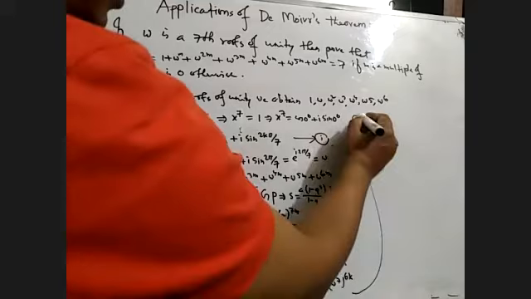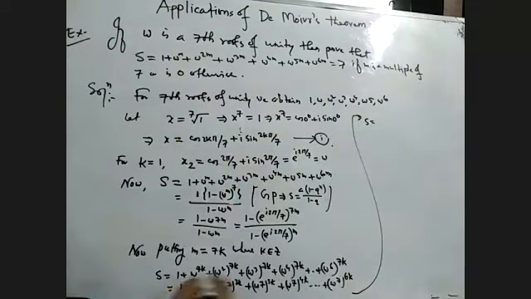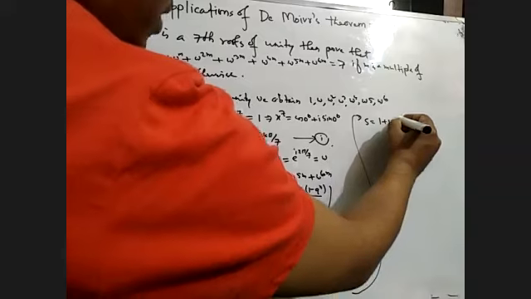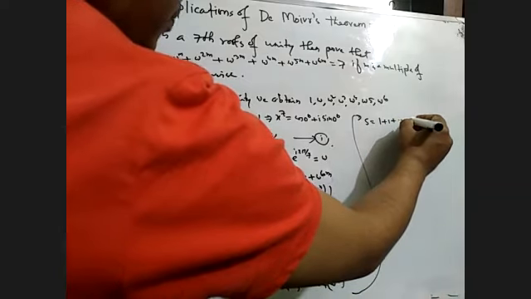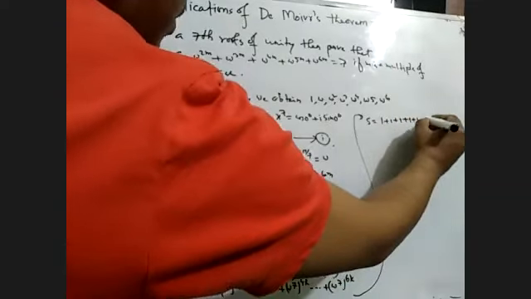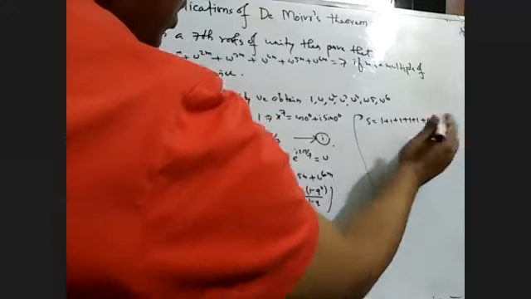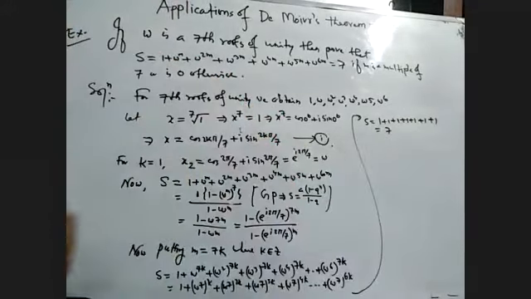Now after this line, we can write S equals all are 1: 1 plus 1 plus 1 and so on, plus 1. This equals 7.